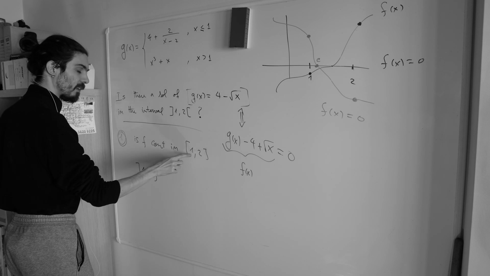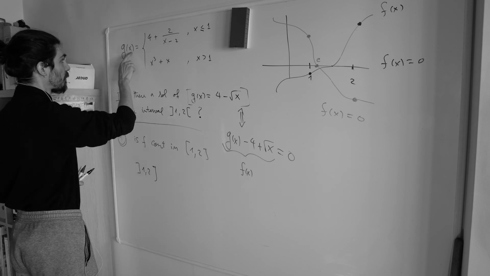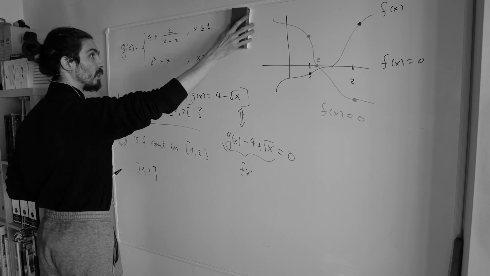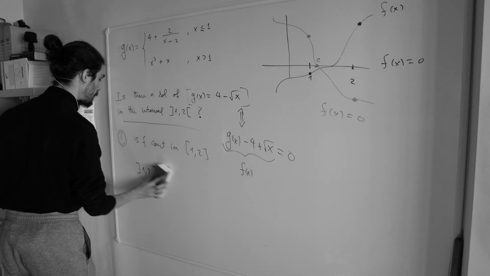So we have to check that. We have to check whether this function g of x is continuous on the closed interval, so we have to check for continuity at 1. So let's do it.